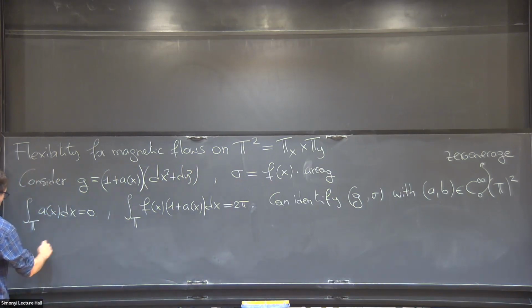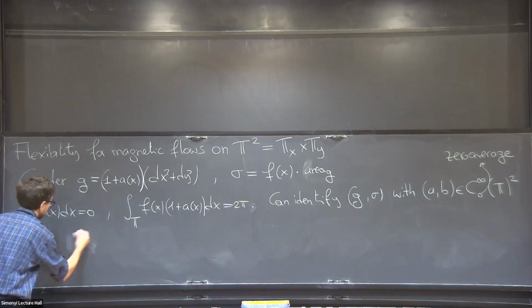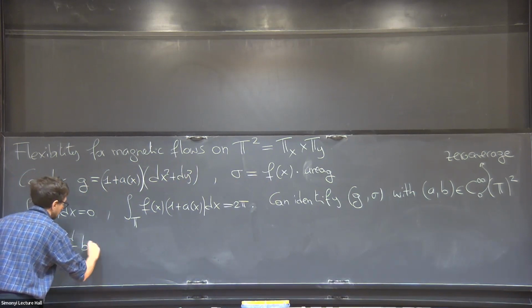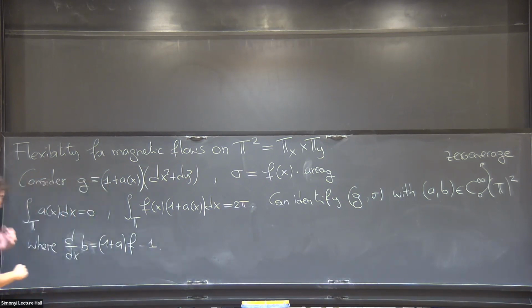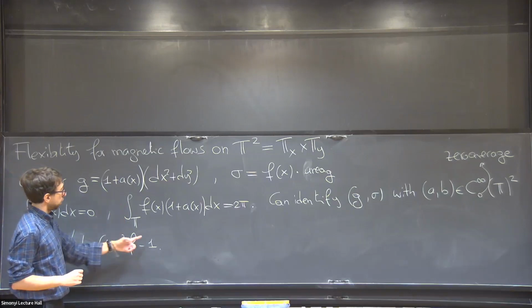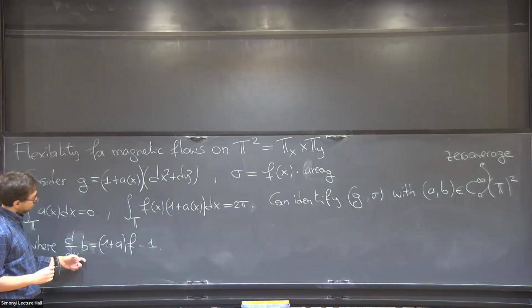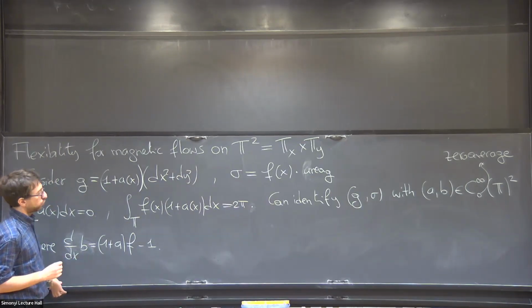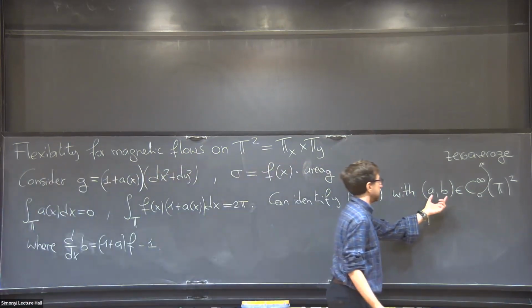So the function B is defined where the derivative of B with respect to X is (1 plus A) F minus 1. Okay, so this property tells you that this function here has 0 average. So then you can find the function B whose derivative is this function here. This is just for convenience because now we want to apply also the implicit function theorem to find Zoll systems, and then it's nice to have a Zoll system which corresponds to the pair (0, 0).